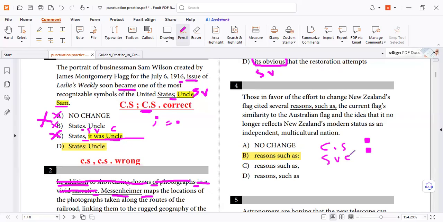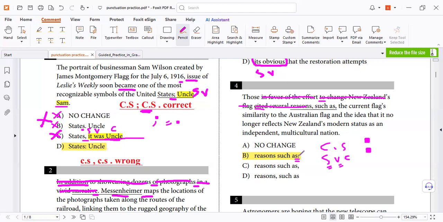Now we have a challenge: how to find the subject and verb from the beginning to the end. Let's find the phrases. "In favor of", compound preposition, so delete. "To change", infinitive phrase, delete. Past participle phrase, delete.